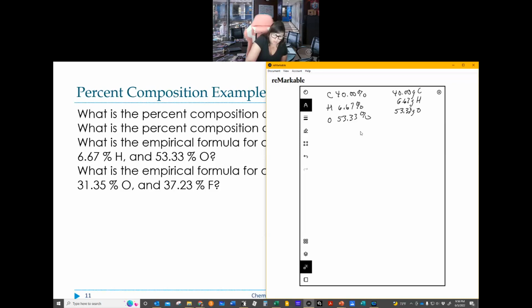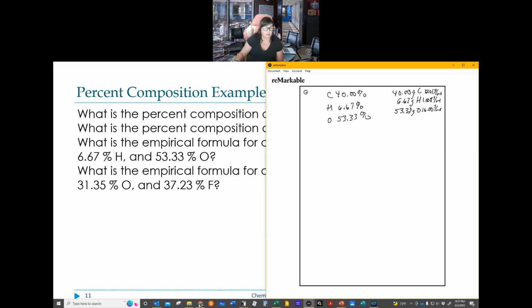I know that the molecular weight of carbon is 12.01 grams per mole. I know that the hydrogen is 1.008 grams per mole, and the oxygen is 16.00 grams per mole.